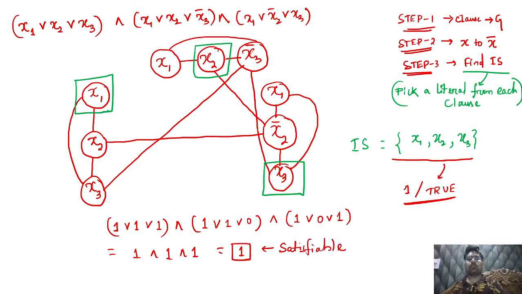So through independent set also we can reduce the 3-CNF to 3-SAT, a satisfiable formula.